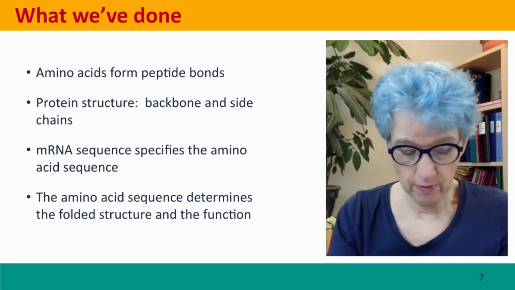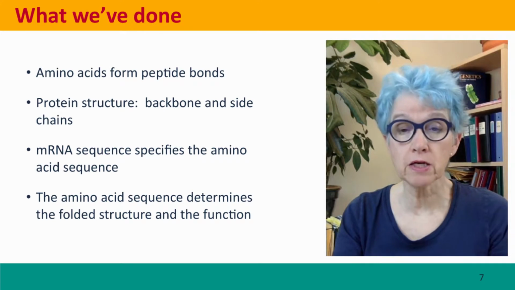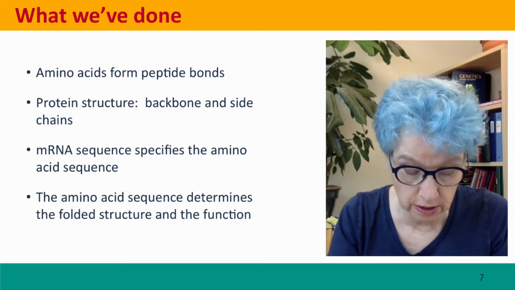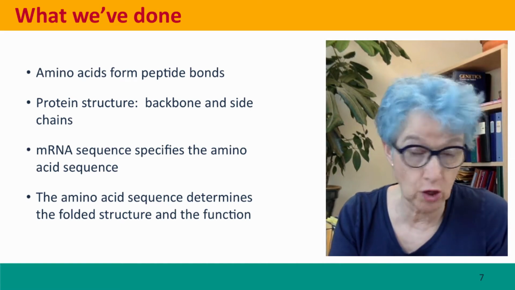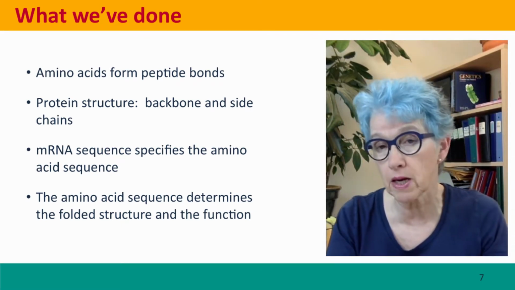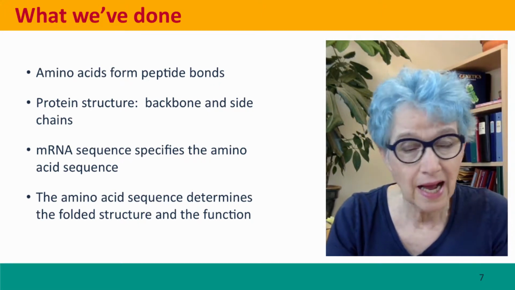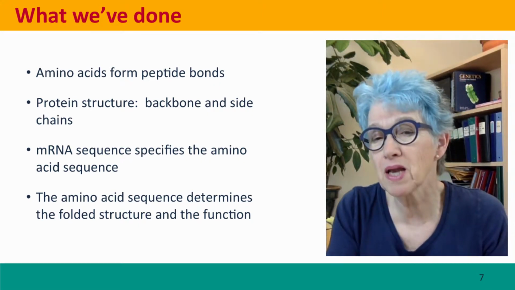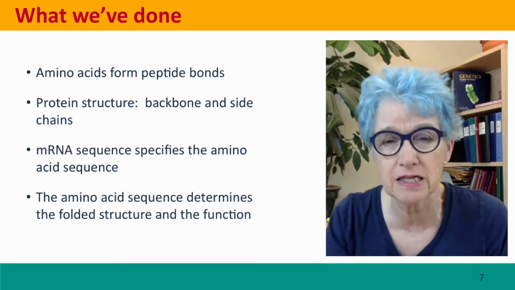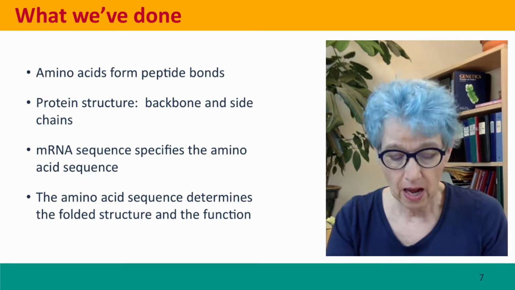Now, what we've done, we've talked about how amino acids form peptide bonds, which are the backbones of proteins. Proteins have not only a peptide bond backbone, but they have side chains. Every amino acid of the 20 different kinds has a slightly different molecular structure between its N and C bonds.